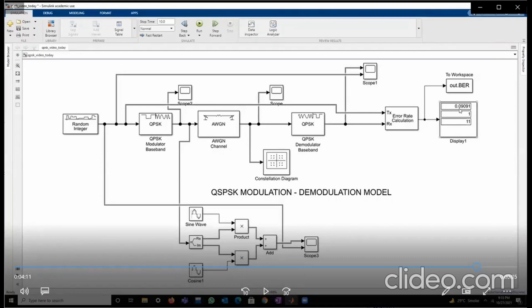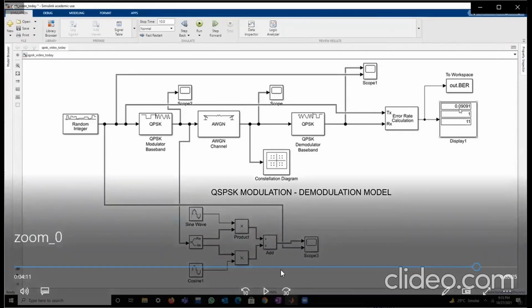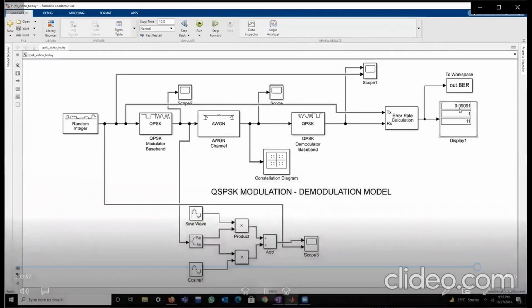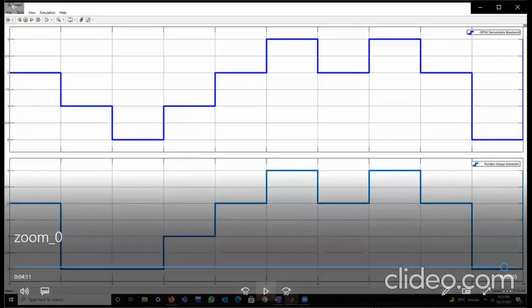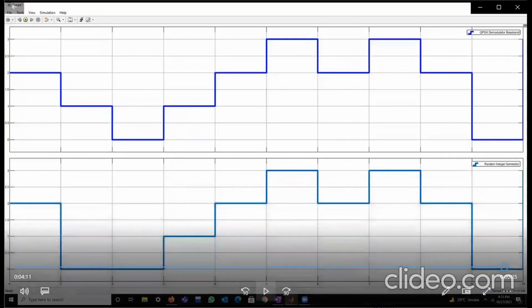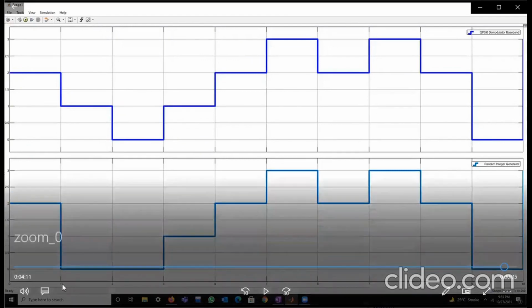So some errors might be introduced in the demodulated waveform. That is, there might be some changes in the demodulated waveform. So when we compare both the waveforms, that is the input and the output waveform, we can see a change in the second bit.